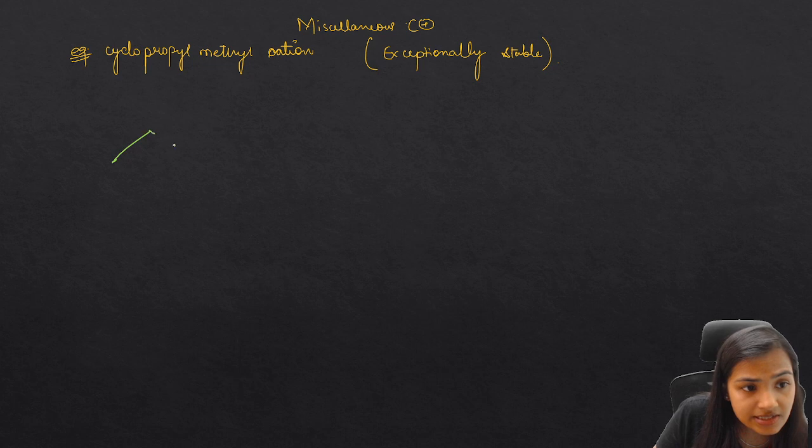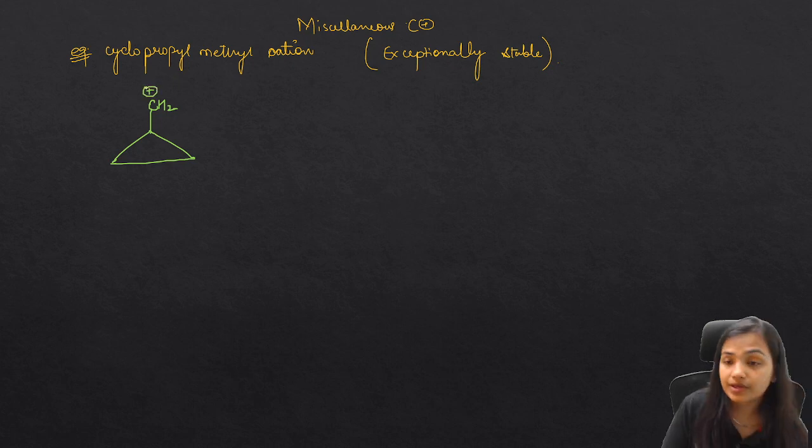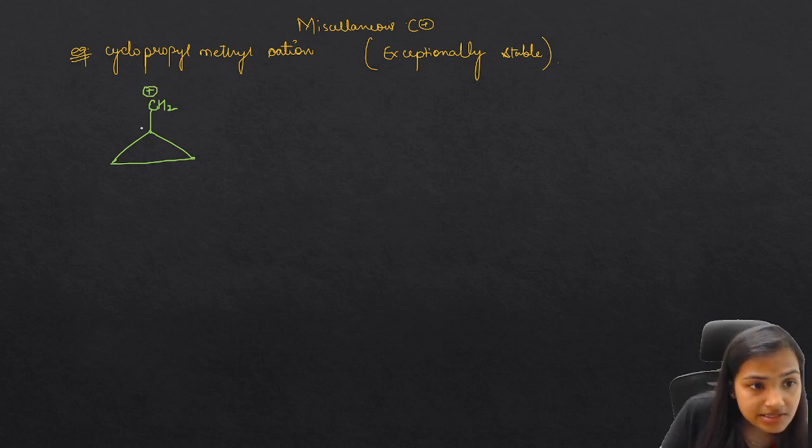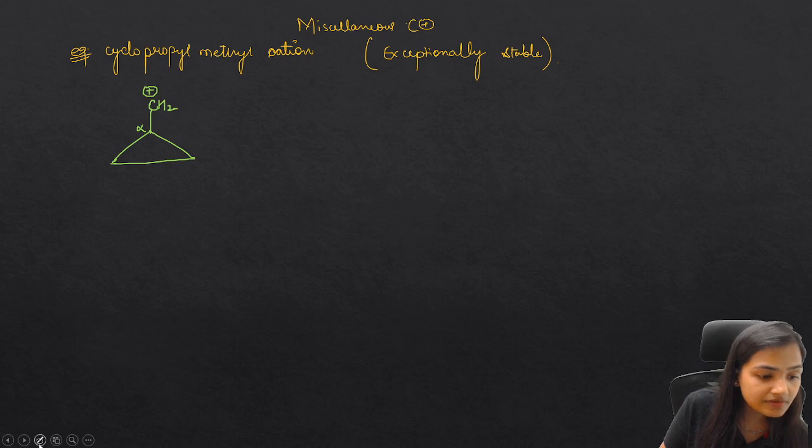If you look at the cyclopropyl carbocation, this is its alpha position. Over the alpha position we want to look at whether the ring will be able to give its electron pair or not.